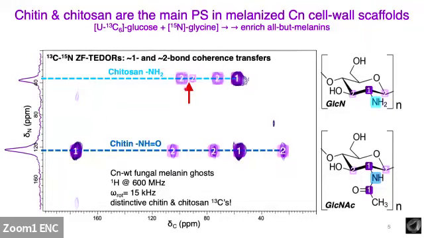And this particular one tells us that the chitosan is highly deacetylated, and that's the lay of the land. We also get from these spectra a map of what the carbon shifts are from those 2 polysaccharides. And that's important for what I'm going to show you in just a minute.